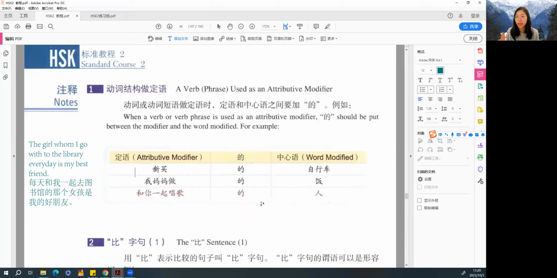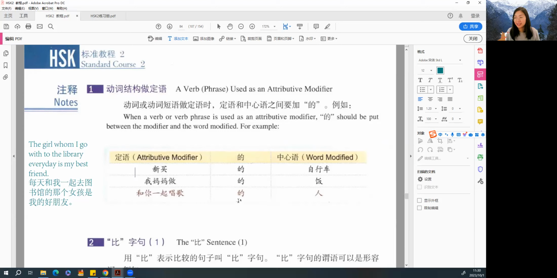The meal cooked by my mom is delicious. 这个饭很好吃。这是什么饭？What kind of meal? 这是我妈妈做的饭。我妈妈做的饭很好吃。The meal cooked by my mom is delicious. So that's how we use this complete sentence as an adjective here.